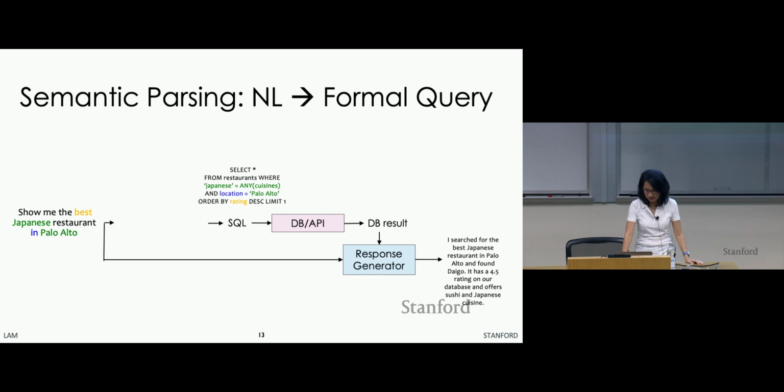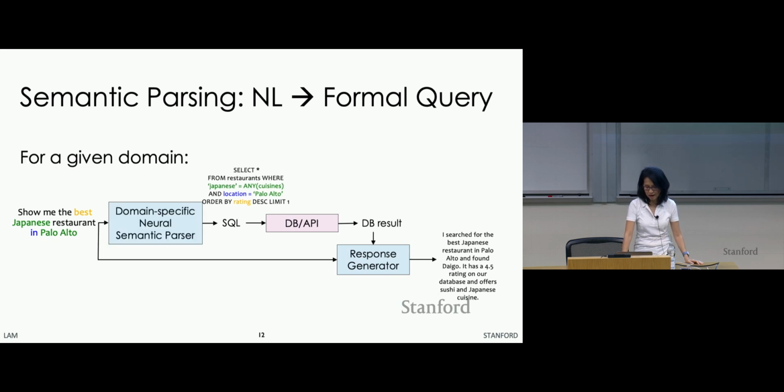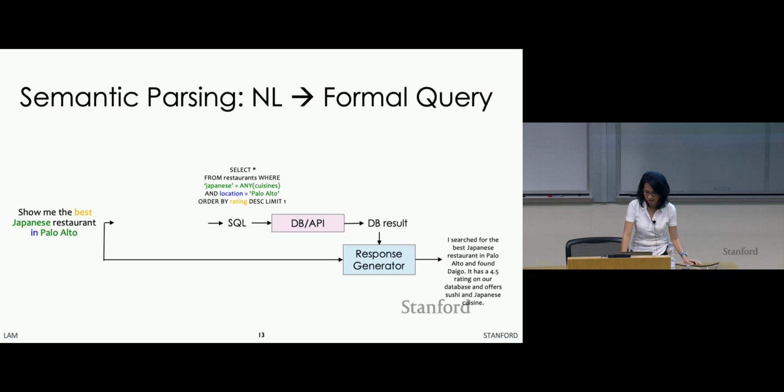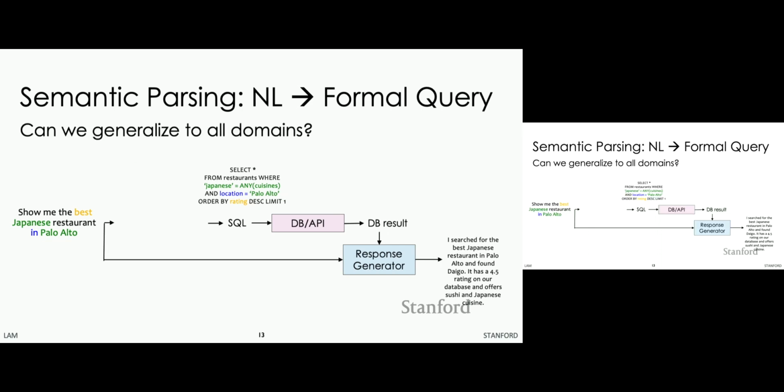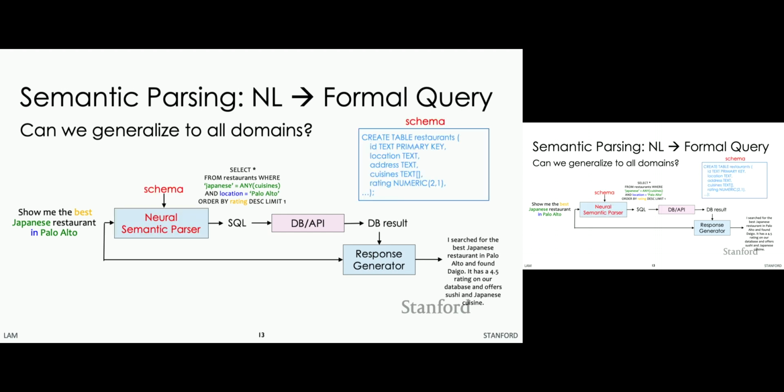So that's what we are doing for restaurants. But as we said, a query language is domain independent. So what you really would like to do is to say, can we generalize to all the domains? By that, we are saying let's have a neurosemantic parser that accepts a schema.